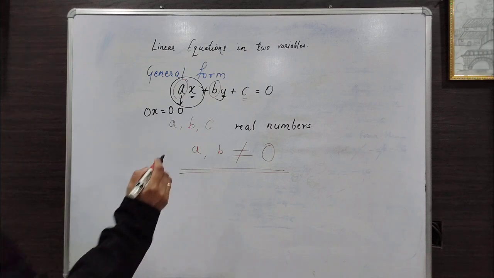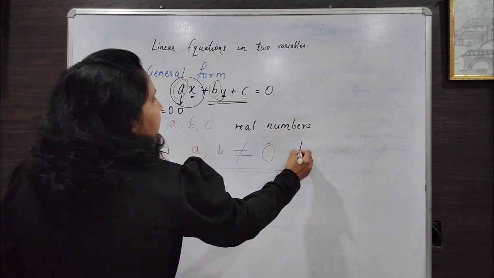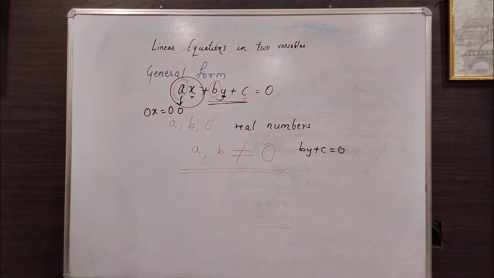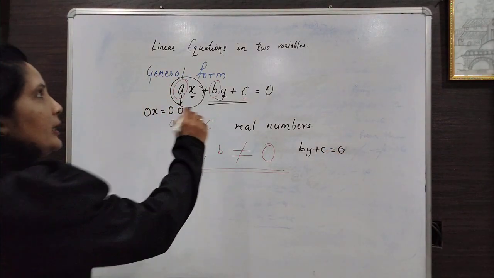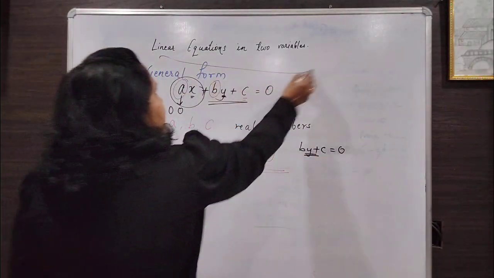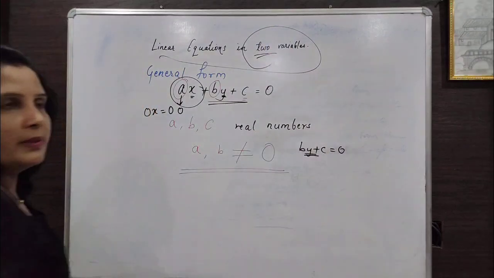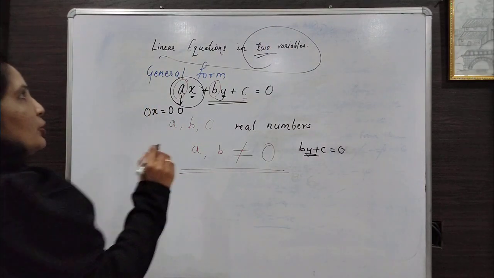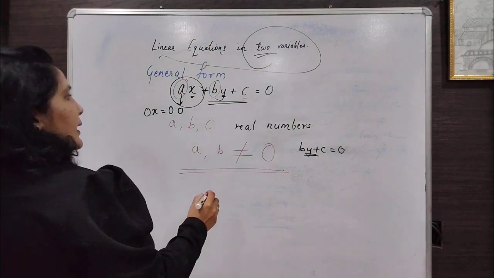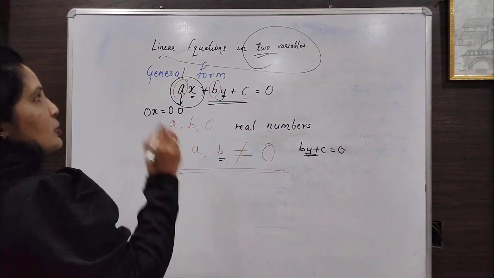And what we get will be just by plus c is equal to 0. Here what we have is only one variable, and what we are learning is equations in two variables. So a should not be equal to 0. At the same time, b should not be 0 either.